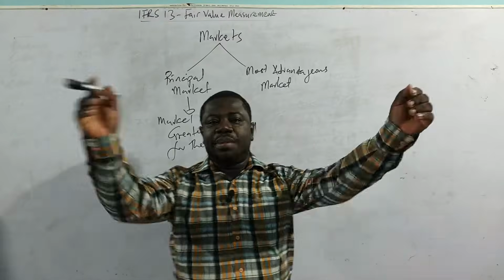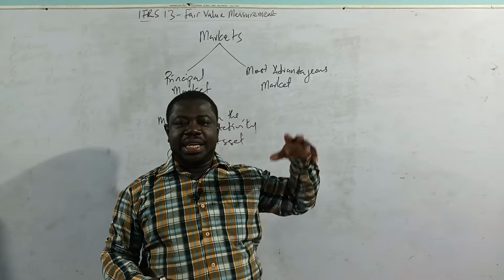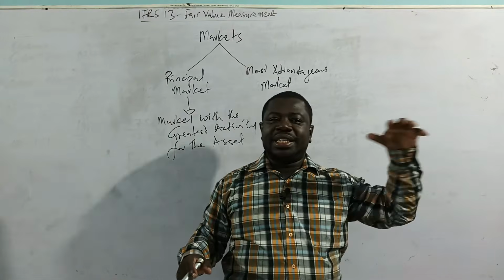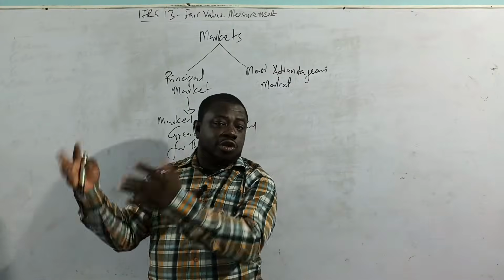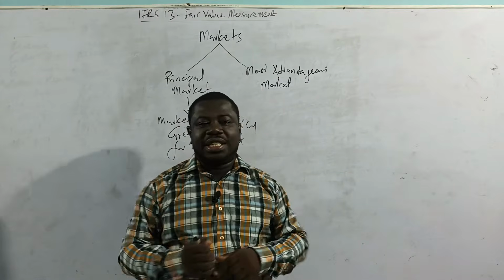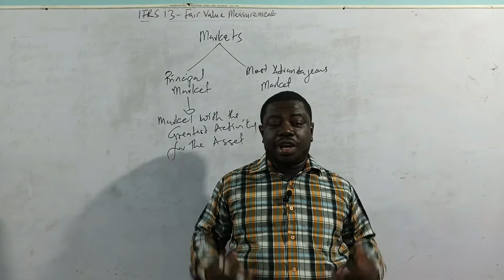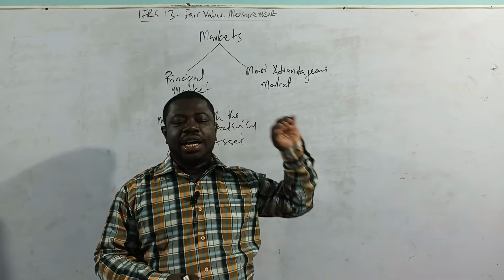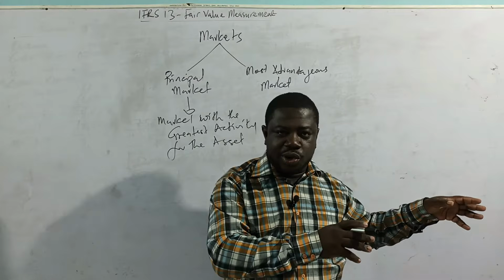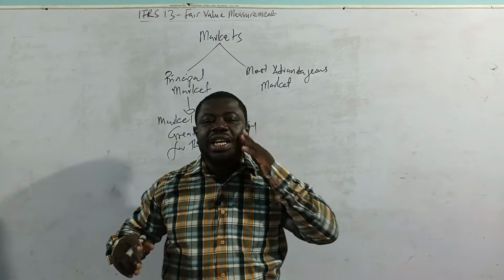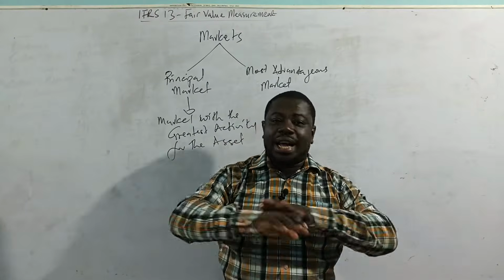So there can be so many markets for selling cars, okay? But if market A is the market where most cars are traded, but market B doesn't have a lot of activity of trading of cars, then we can say that the principal market should be the market where most of them are traded. For example, if you come to Ghana, Accra to be precise, we have a market for spare parts of vehicles at Abosiokai. And when we say it's a market, you could see that it's a very big environment where there are a lot of shops that are selling car parts.